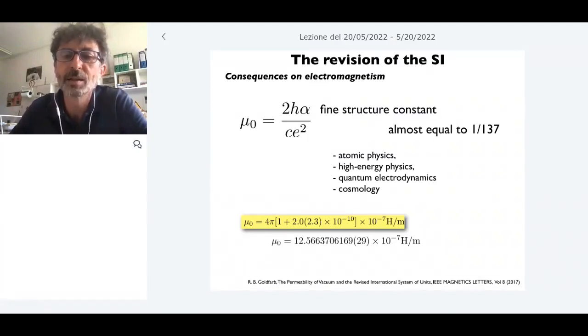And this is where this expression comes from. The change in numerical value with respect to 4 pi 10 to the minus 7, as you see, is of order 10 to the minus 10, so very small. And in practice, you can continue safely to use the value of 4 pi 10 to the minus 7. But it's the principle which is important.